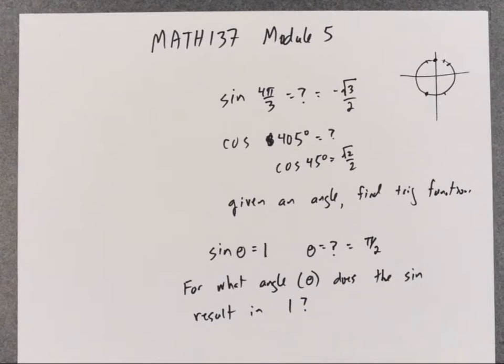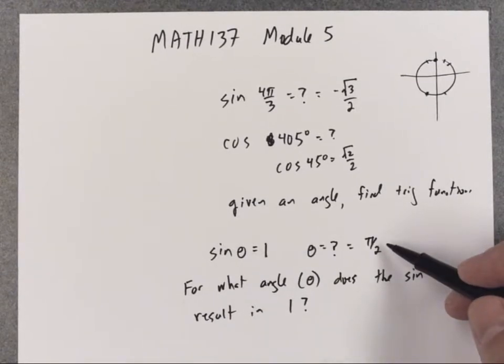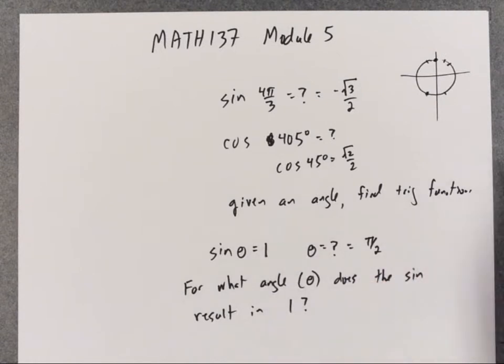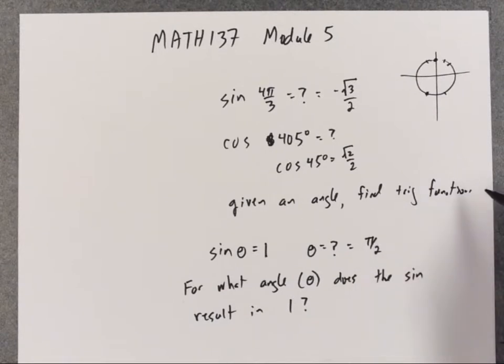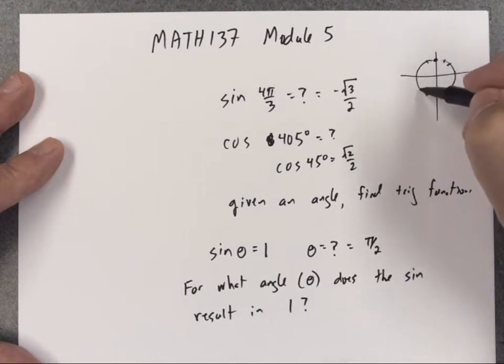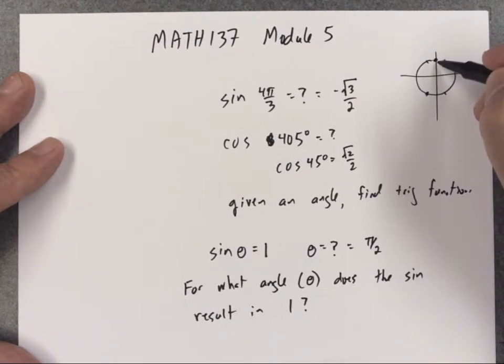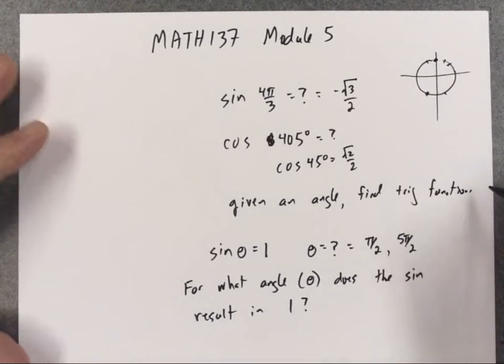Although let me give you a quick little sneak preview of something we're going to have to take into account. Are there any other angles where the sine of that angle is 1? Let me give you an idea. Pi over 2 is right here. However, how about if I go around the circle once, which is 2 pi, and then go pi over 2 more? I think that ends up being 5 pi over 2.